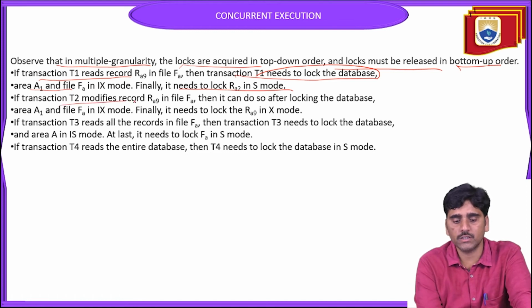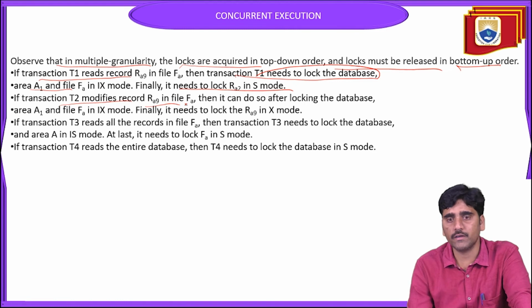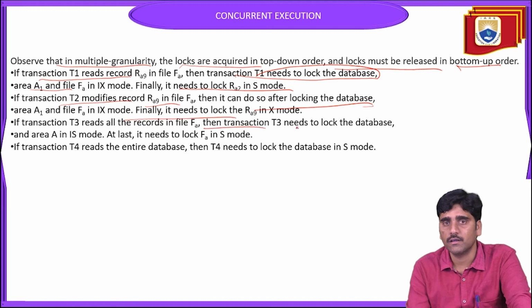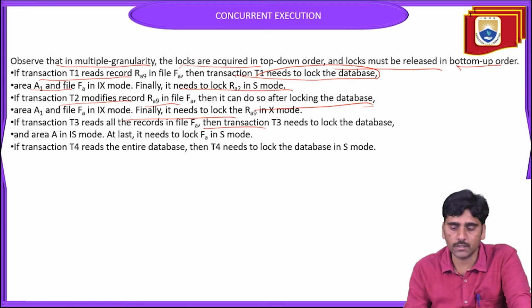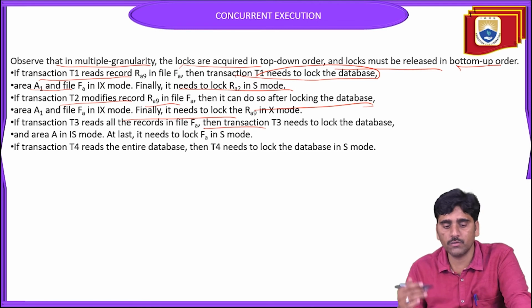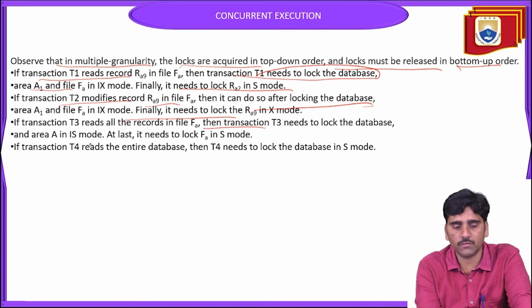If transaction T2 modifies the record A1 in file FA, then it can do so after locking the database. All these operations show that all the locks are acquired in top-down order and released in bottom-up order. So this is what we understand.